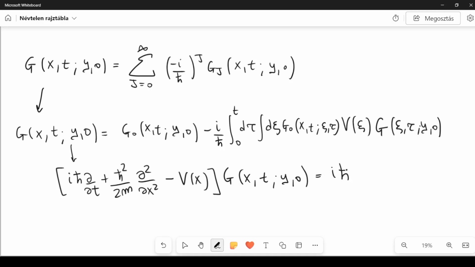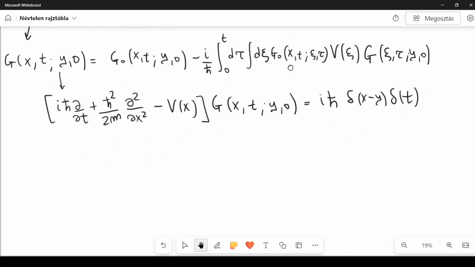This would be equal to i h bar delta of x minus y, delta of t. So this is basically the non-free version of the Schrödinger equation, because we also have the potential energy here for the total propagator. Now we have really arrived at the final part of this lecture.